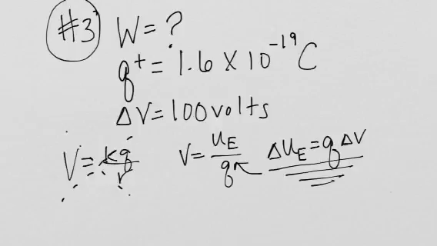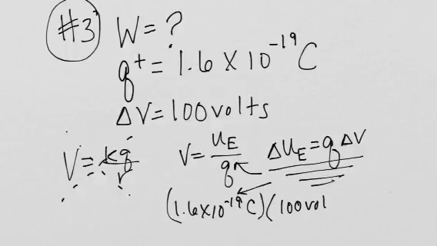So in this case, I'm going to multiply my Q and my potential. So I'm going to have 1.6 times 10 to the negative 19 coulombs times 100 volts.